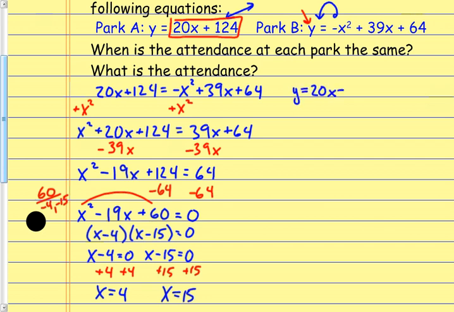So I'm going to have y equals 20 times the x value. The first x value I got was the 4. So that gives me 80 plus 124, which is 204. And then I'm also going to do the other value. I'm going to plug the 15 in.